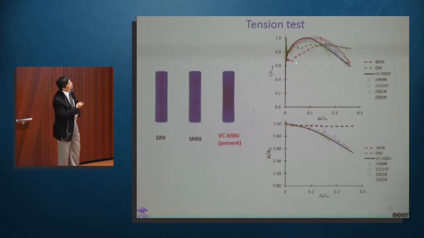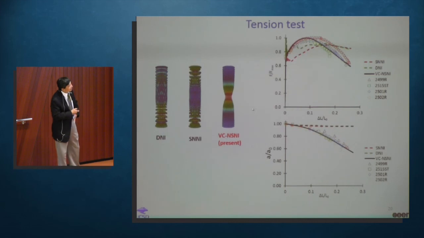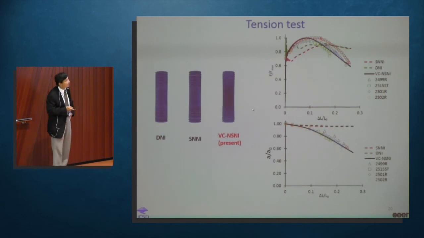I have a comparison with several sets of experimental data. You can see how bad it is if you use direct nodal integration or SNNI, especially here, where the necking radius in the middle is just totally off. But with this new approach, you see it agrees very well with the experimental data.